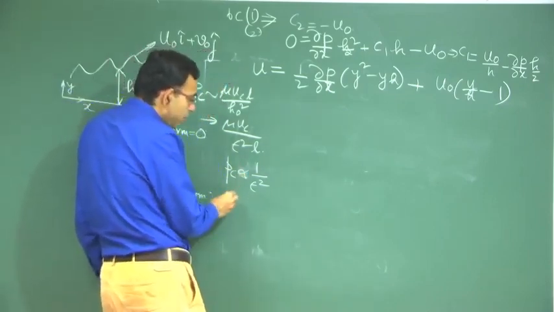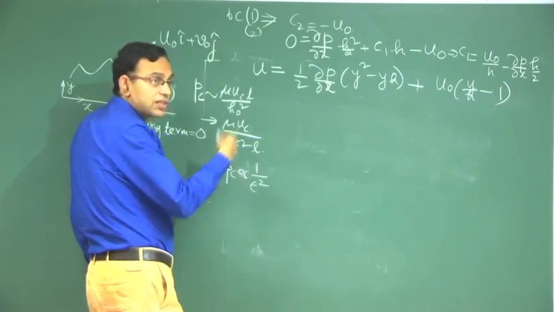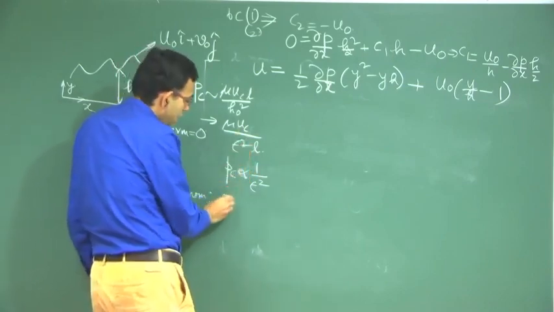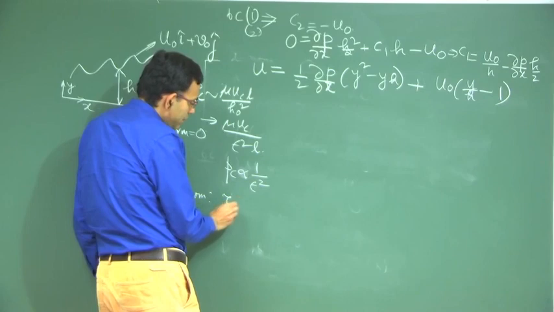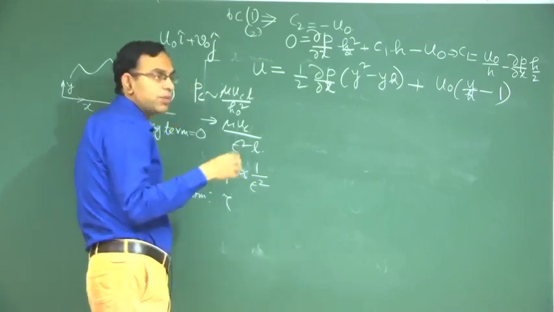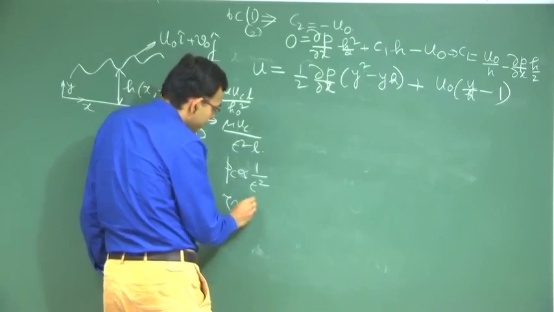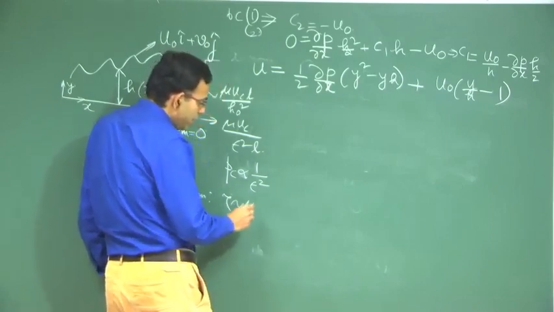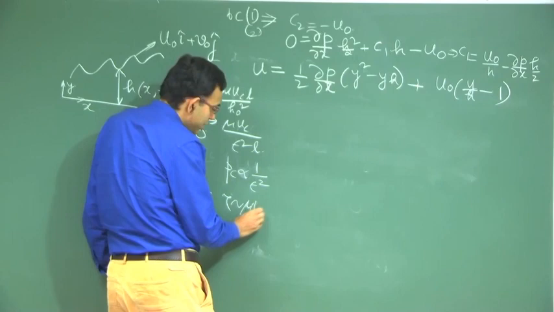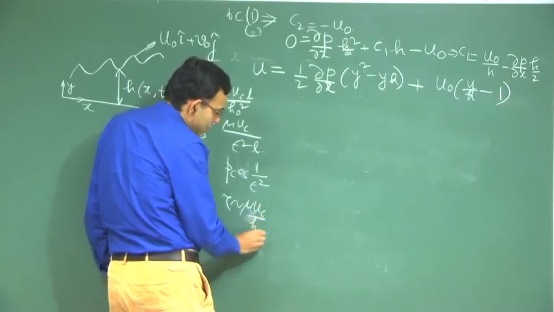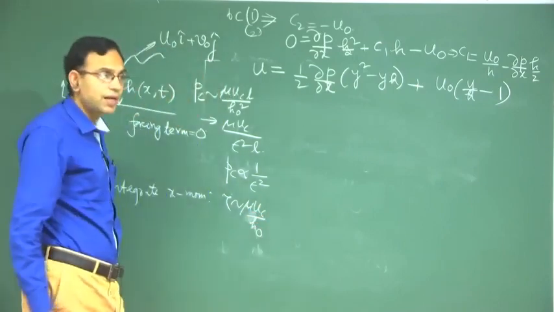But the other form of stress, that is the shear stress, tau is equal to mu into the velocity gradient. So, tau scales with what? Mu into UC by H naught, right.